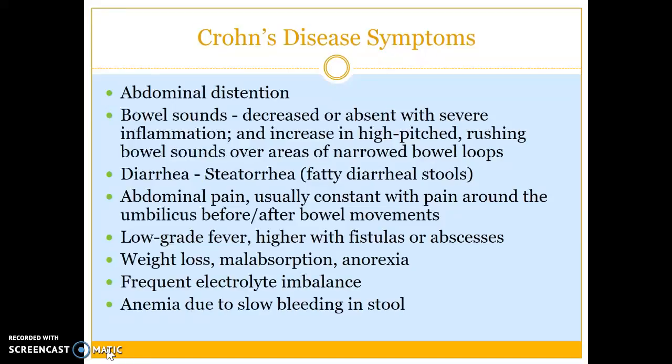And they can have more of a slow bleeding in their stool because, remember, their irritation skips around, so it can be in the small intestine or the colon. So they can have anemia, but you might not see bright red blood. Sometimes you might see dark stool that's been in there for a while because it's traveled through a distance of the small bowel before getting to the colon.